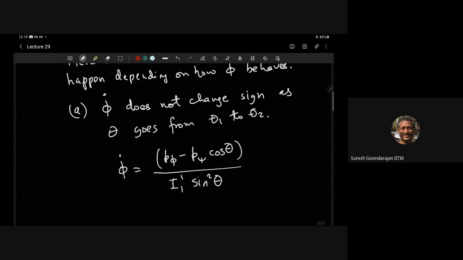So let's look at when phi dot, if it changes sign, that means it should pass through 0. So that's what should happen. So let's ask when that is 0. Phi dot equals 0 when cosine theta is equal to p phi by p psi.